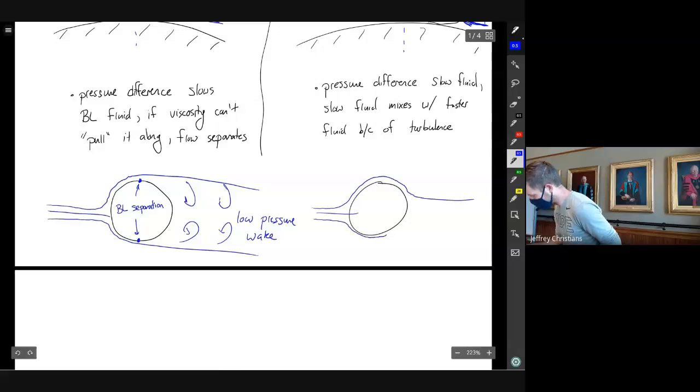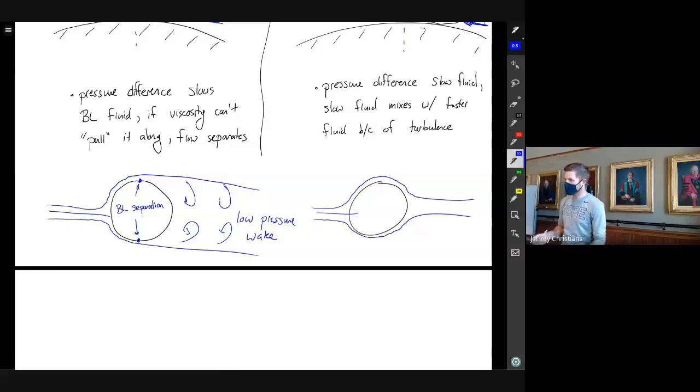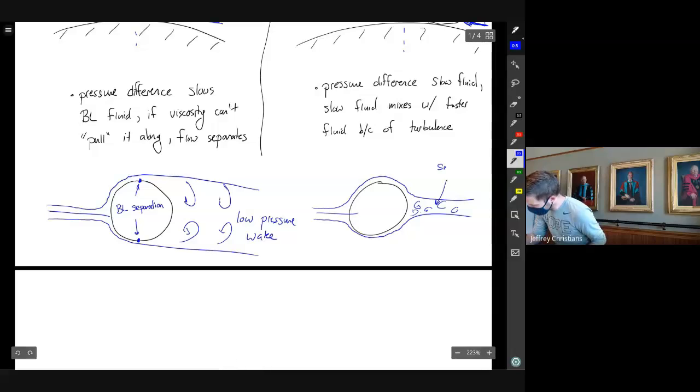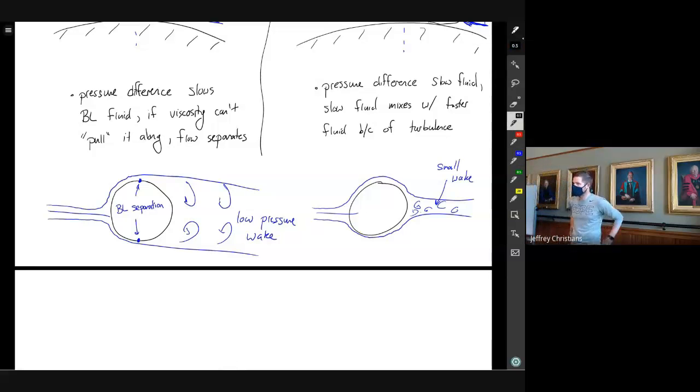So it doesn't separate at the poles, it can actually follow the curve of that surface. And with turbulent flow, you can still get a wake, but we have a smaller wake than we did for a laminar boundary layer, because we changed the physics.